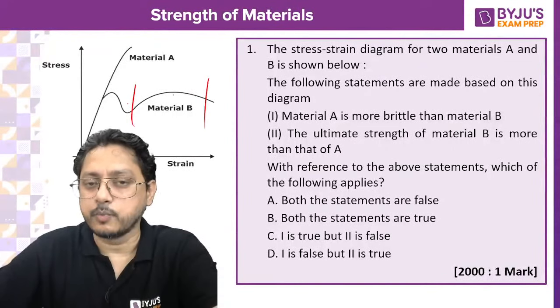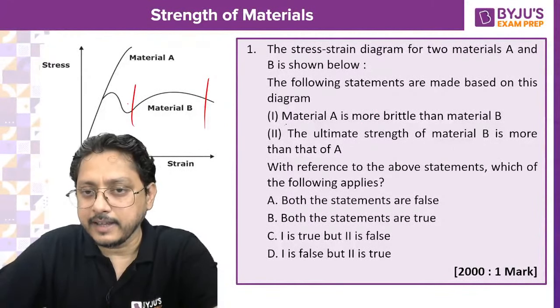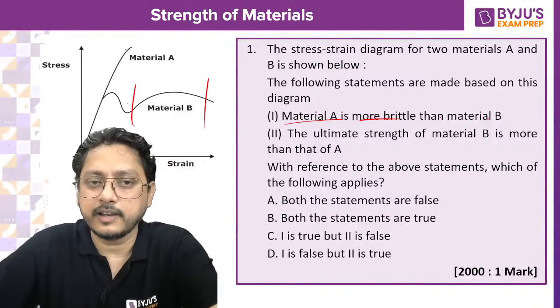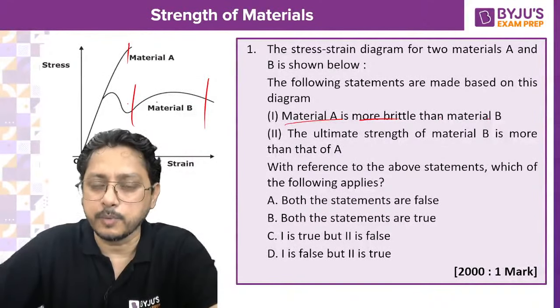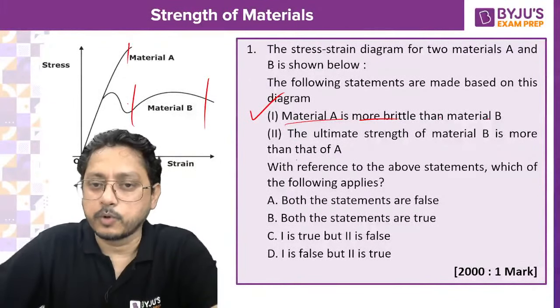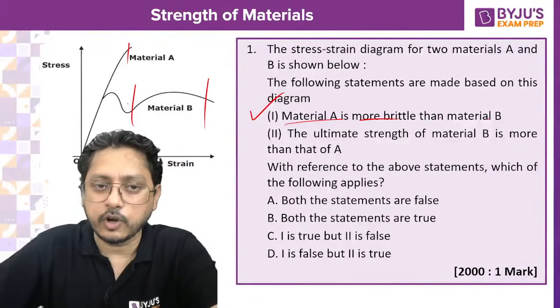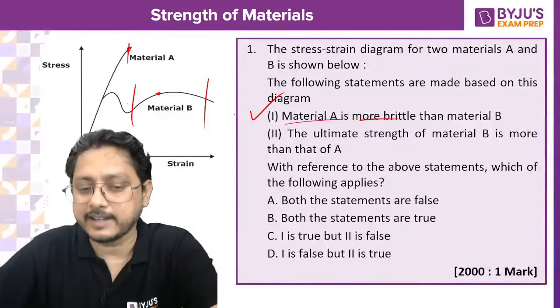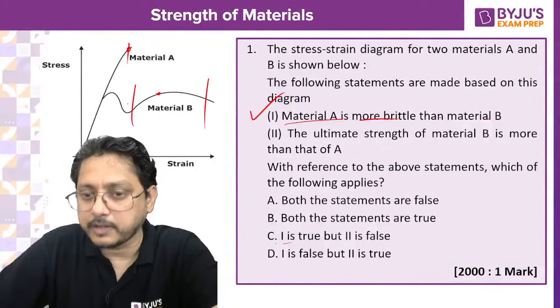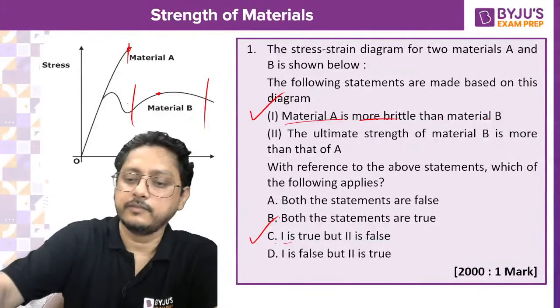Material B is more ductile, so material A is more brittle than material B. That is a correct statement. The ultimate strength of material B being more than that of A is actually wrong. The ultimate strength of material A is higher than material B. So 1 is true but 2 is false. Very easy question, isn't it?